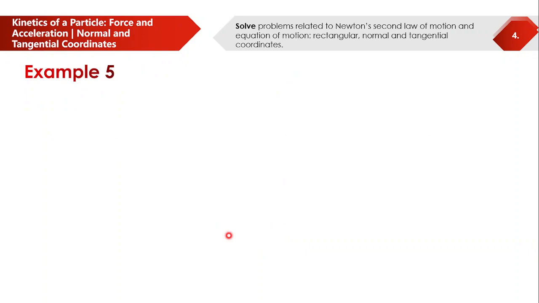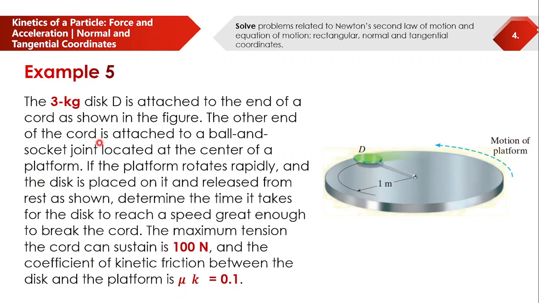Okay, so let's have an example para ma-relate natin or ma-apply natin yung mga concepts na na-learn natin in normal and tangential coordinates. So the 3 kilogram disc B is attached to the end of a cord as shown in the figure. The other end of the cord is attached to a ball and socket joint, ito, located at the center of the platform.